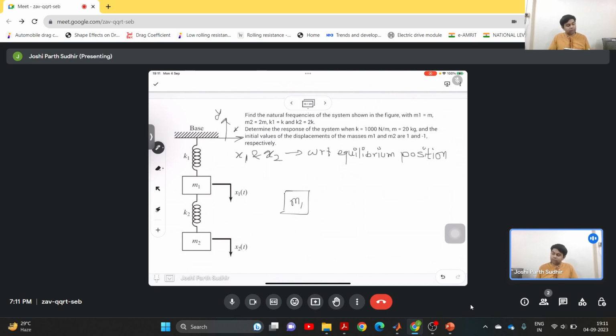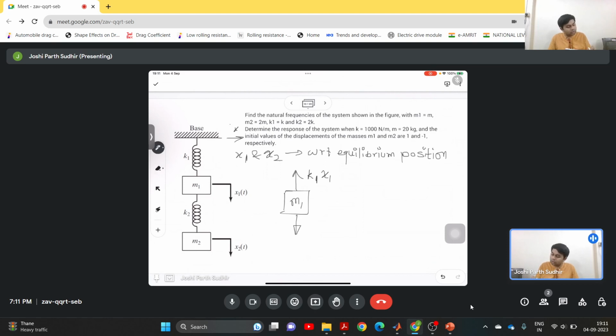It has the force due to the spring K1, which will be K1 x1, and the spring K2 is deformed because of the relative displacement between x1 and x2.